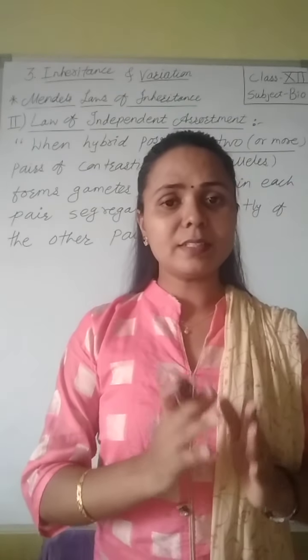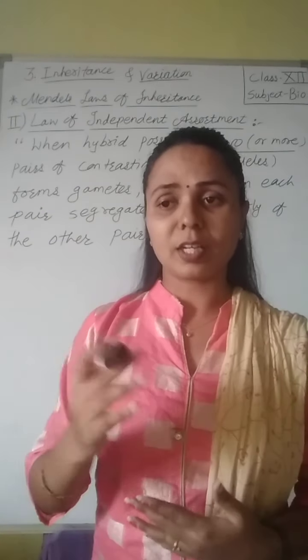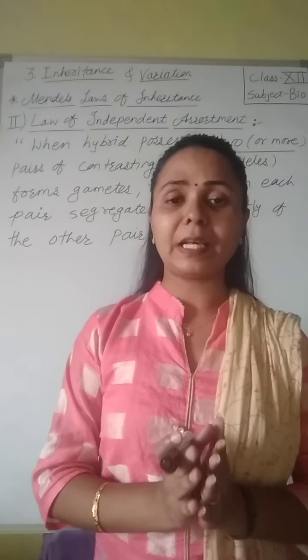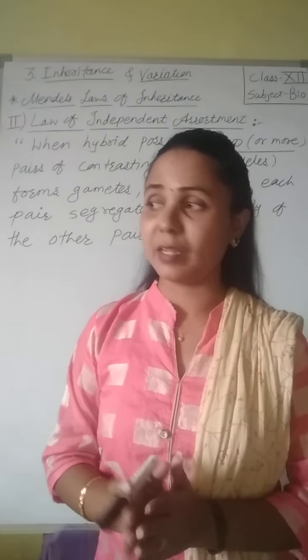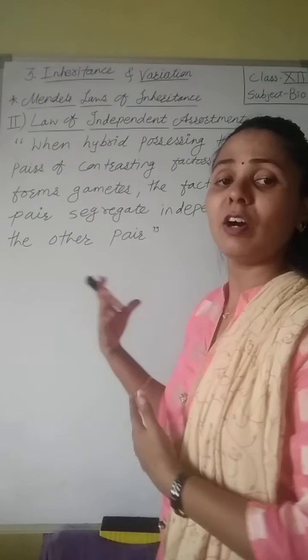Tallness is always tall and it does not affect the color of the flower, seeds or pod. Each character has its own identity. It does not mix with other characters.